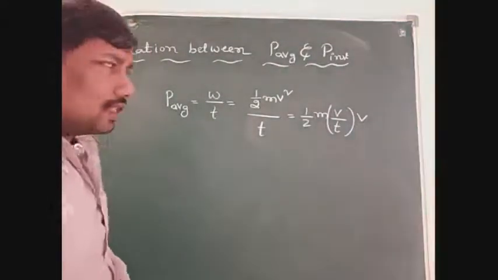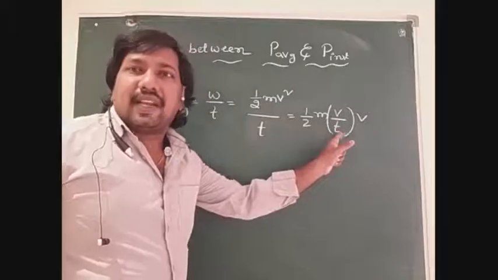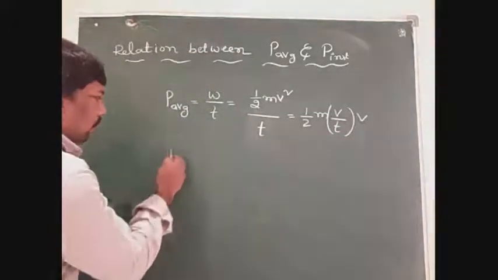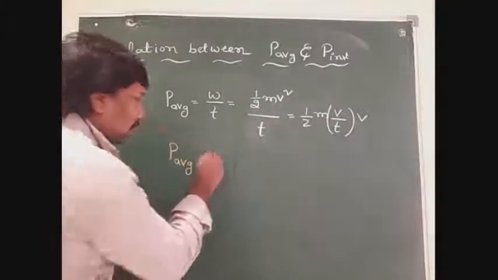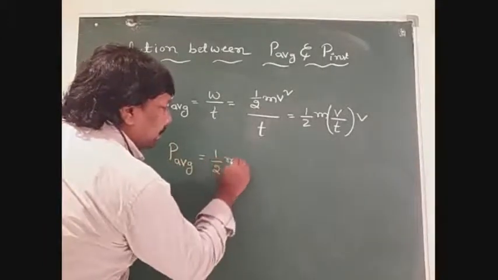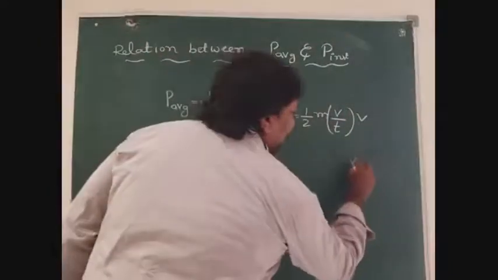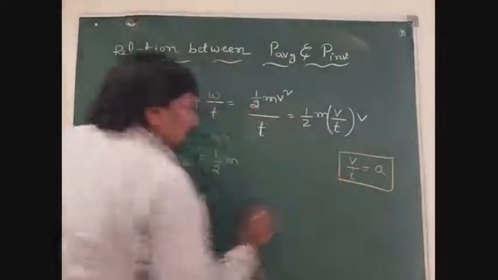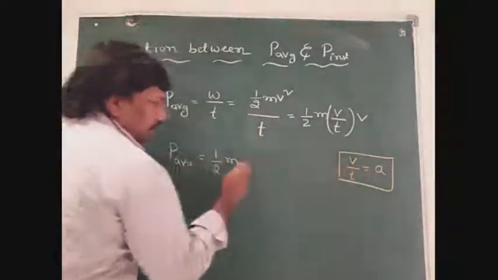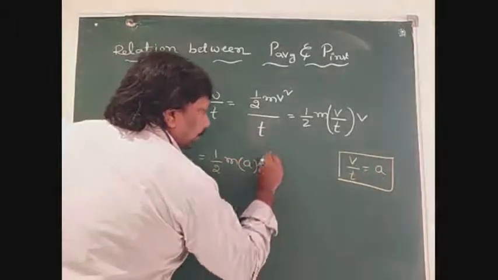We know that velocity by time is acceleration. So average power is half of m into a, where v by t is acceleration, into v.